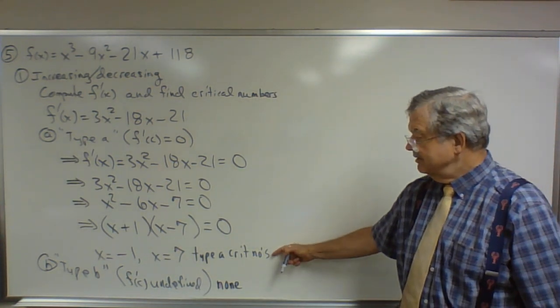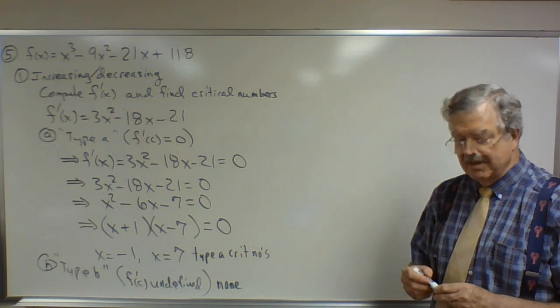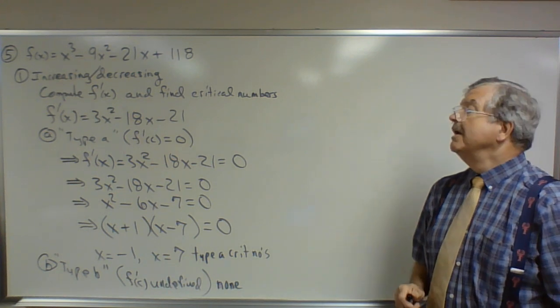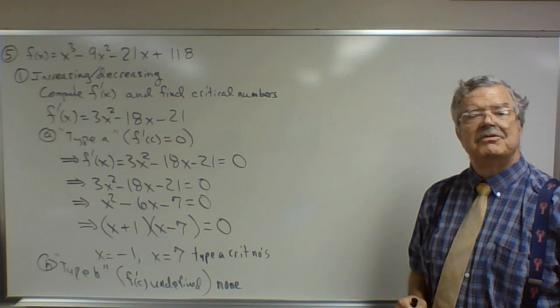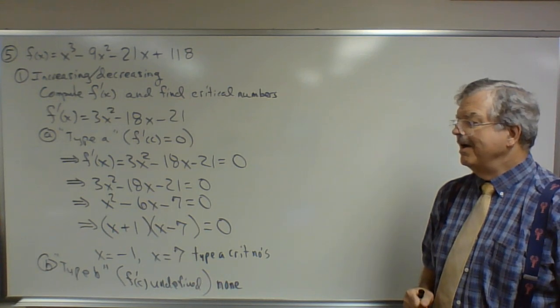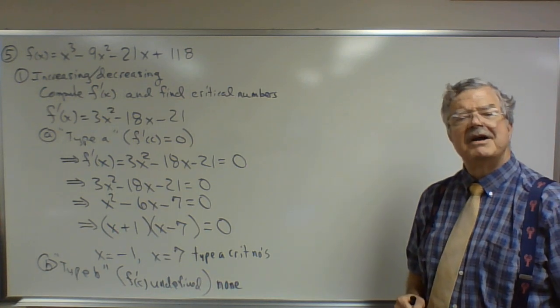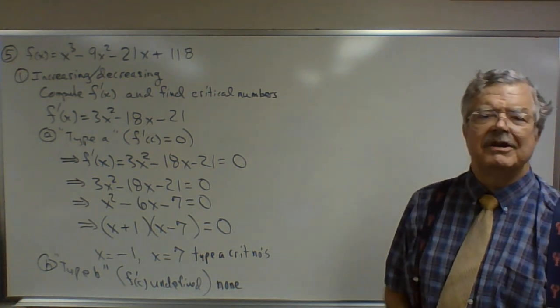We got our critical numbers, -1 and +7. Now let's go to our sign graph and find out where f of x is increasing and decreasing.